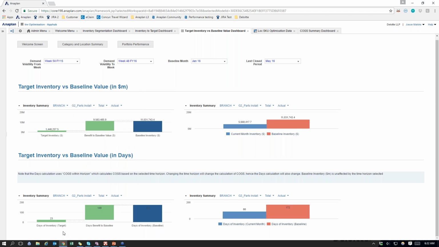So right now our target is 23. We currently have 172, and maybe that's just the nature of spare parts. But you can see up here that actually there's quite a bit of dollar benefit behind all of that. So it lets you see some of these key KPIs that I mentioned earlier that you can measure very quickly and drill up or drill down on, so you can have the right kinds of conversations.